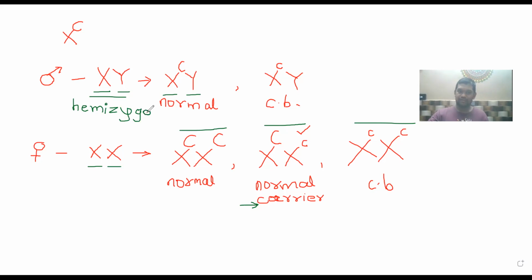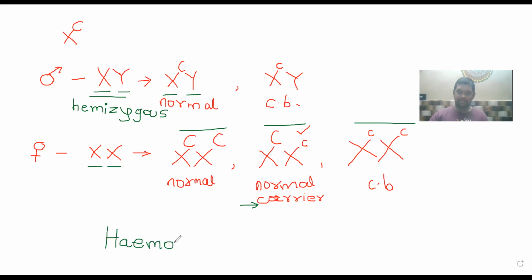Have you understood? Understood. So that's why I have shown you the pattern of red-green color blindness inheritance. Any doubts? No doubt. And the same principle applies for a condition called hemophilia.